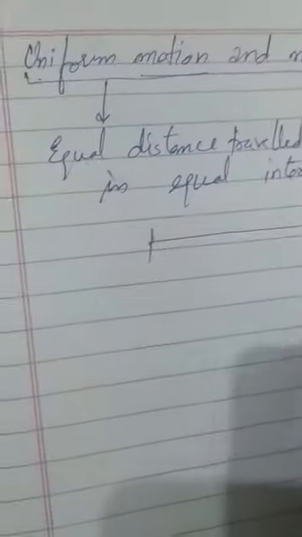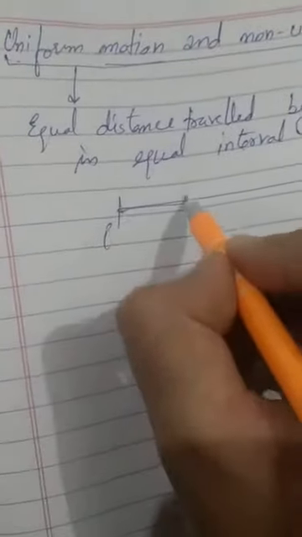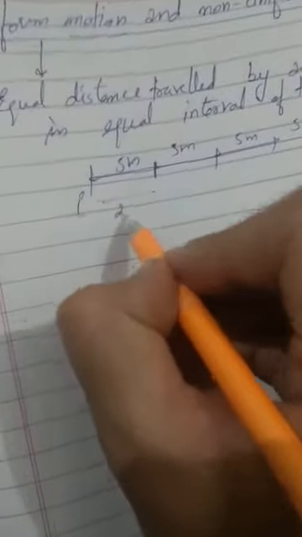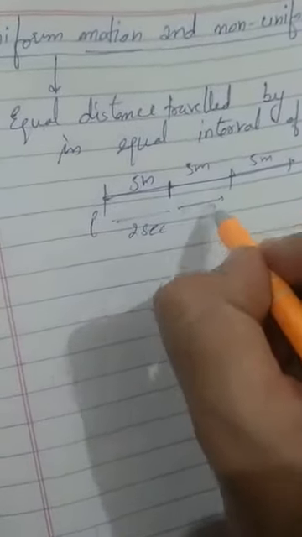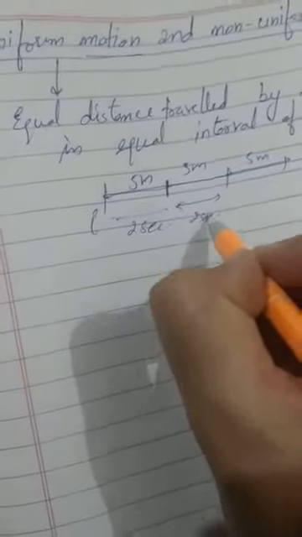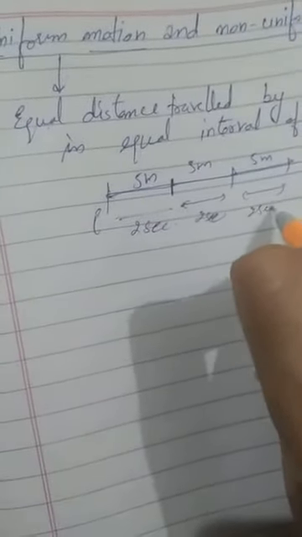Let from here to there, this one is the initial point and that the final point. From here to there is a 5 meter distance. The next is again 5 meter, again 5 meter distance, now again 5 meter. It takes 2 seconds to cover each one, again 2 seconds, and again 2 seconds, like this.